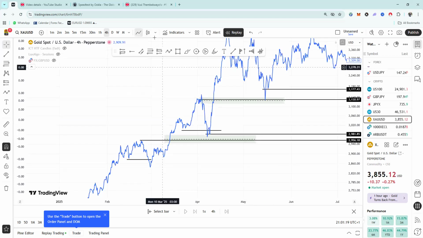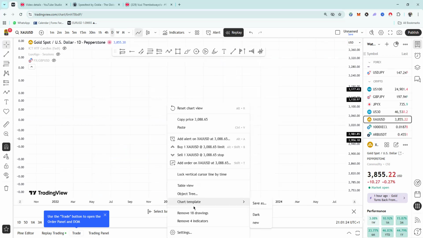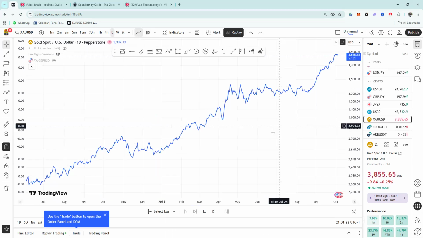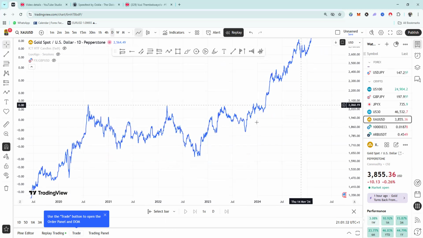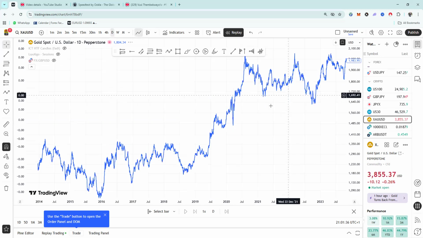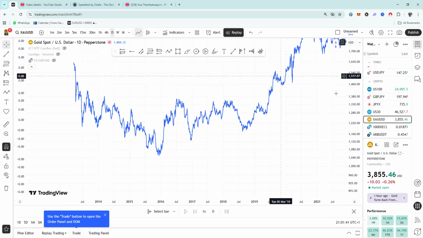Let's see. Let's go to daily. All right, so this is the daily chart. I want to see if we can have a trend line example, one that is very nice.